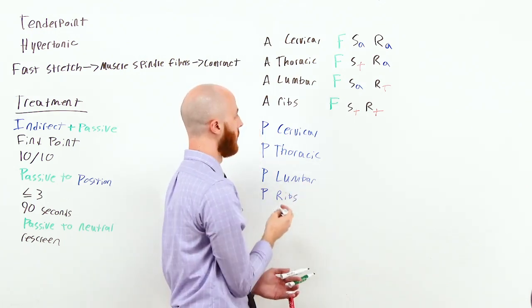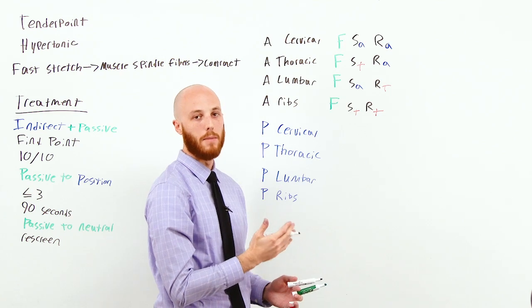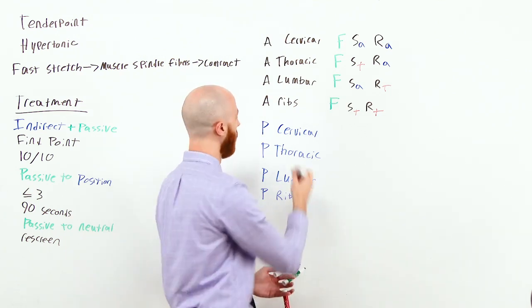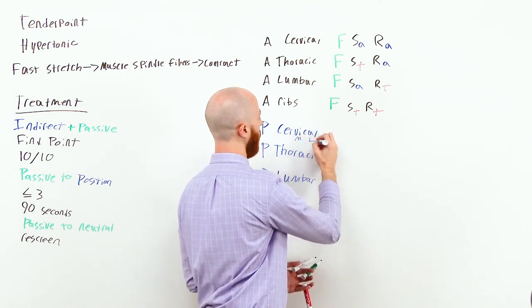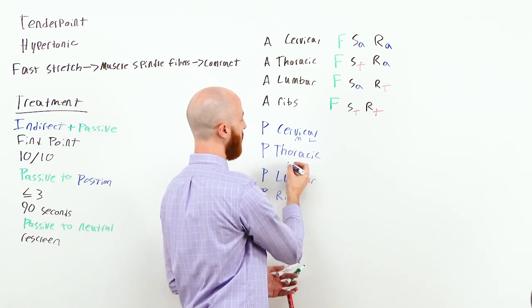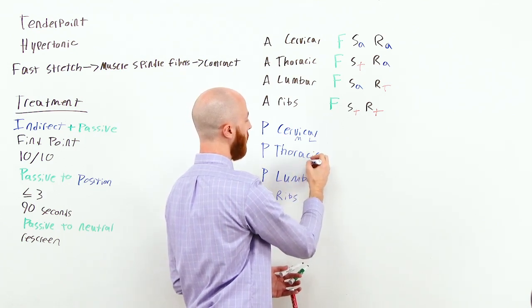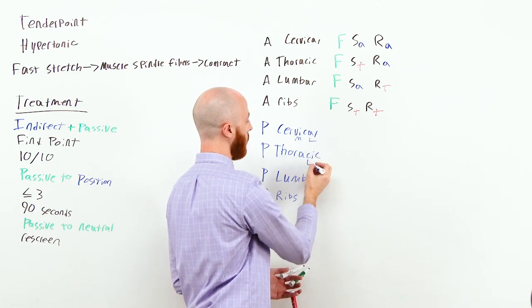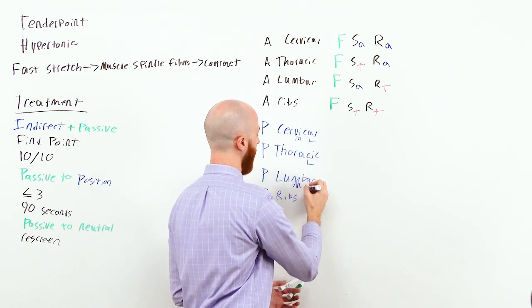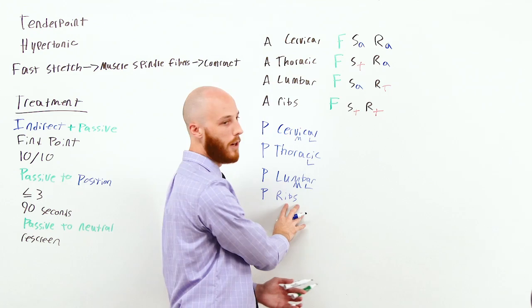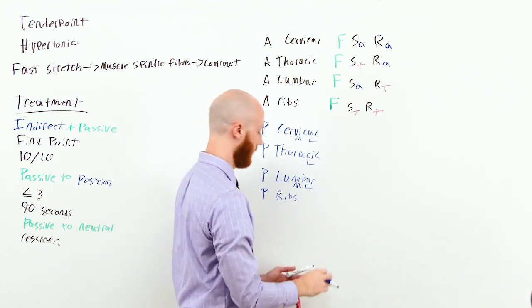For the posterior points, it's important to delineate between midline and lateral points. So cervical, you have a midline point and a lateral point. For thoracic, you have a midline and lateral, but we'll go over midline in a second. So let's just worry about lateral. For lumbar, you have a midline and a lateral. And for ribs, you don't have midline or lateral.